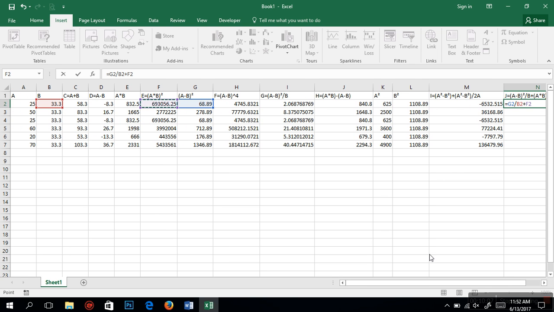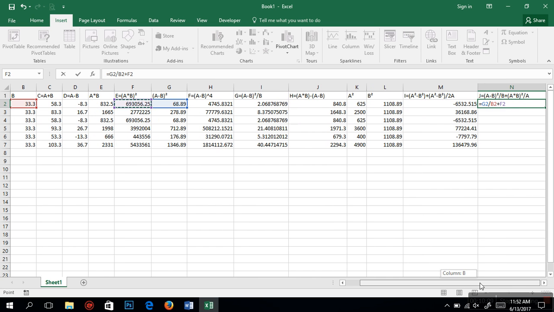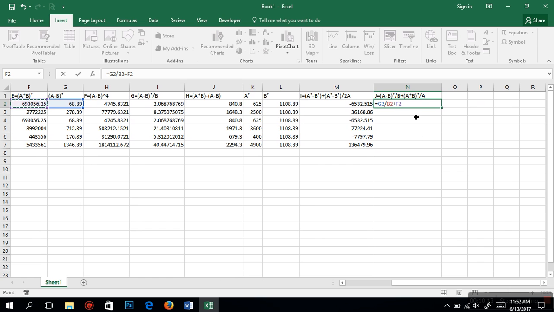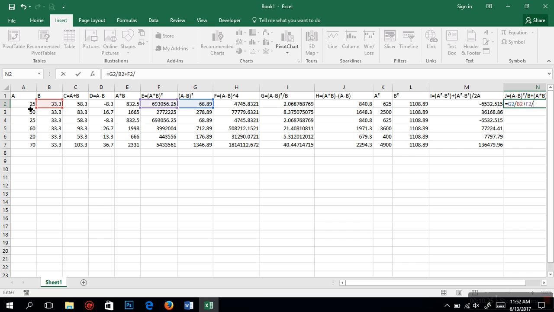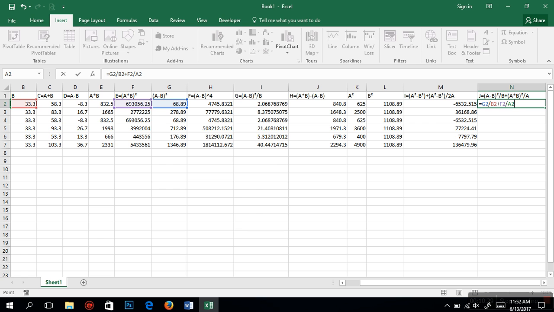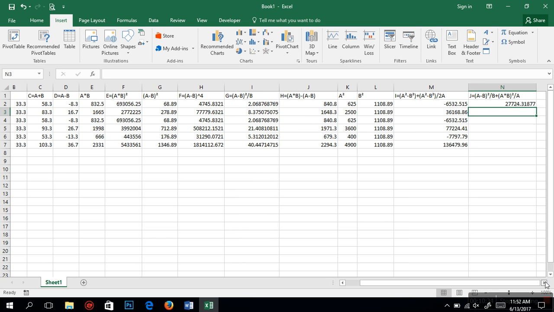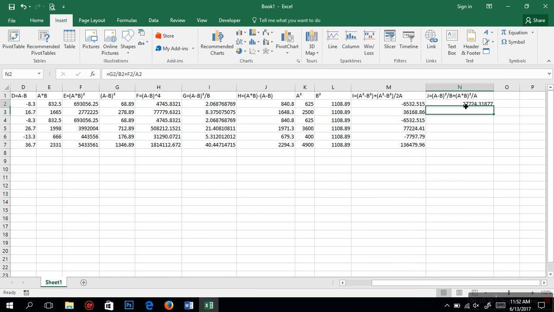This is it. A times b square, right? Which is divided by what? A. Let's go and look for a. This is a. So move back. We'll click enter. So it gives us the value for that. So that's how we got it.